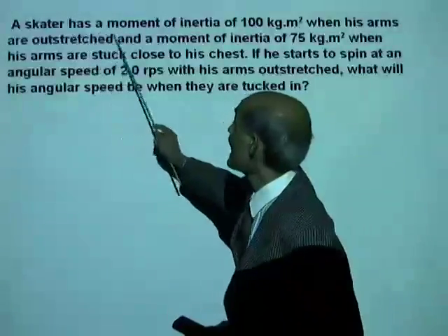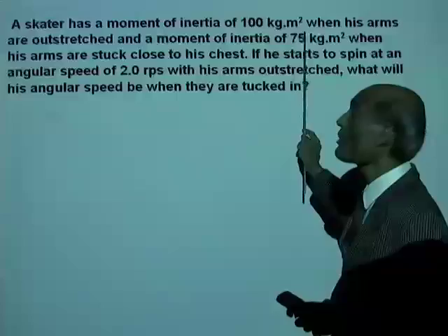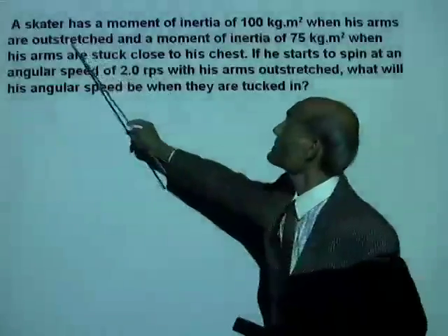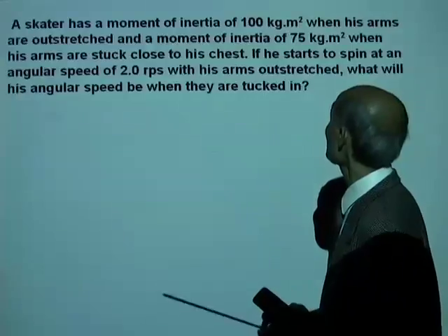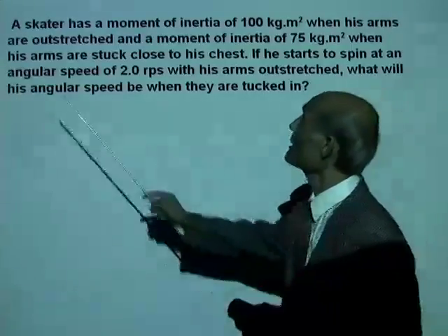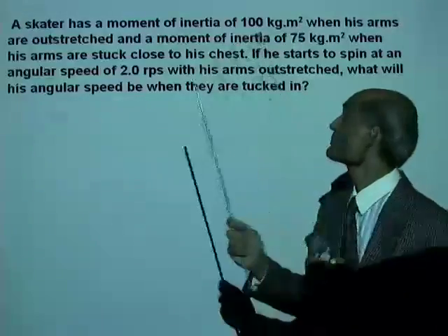A skater has a moment of inertia 100 kilogram meter squared when his arms are outstretched, and a moment of inertia of 75 kilogram meter squared when his arms are tucked close to his chest.